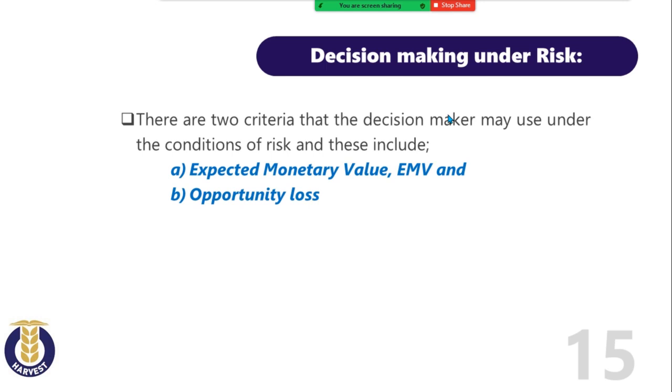Now, if you find yourself in an environment of risk, there are two major approaches which are examined. These are examined because they are widely applied. Of course, as you read further, you find that there are other approaches.